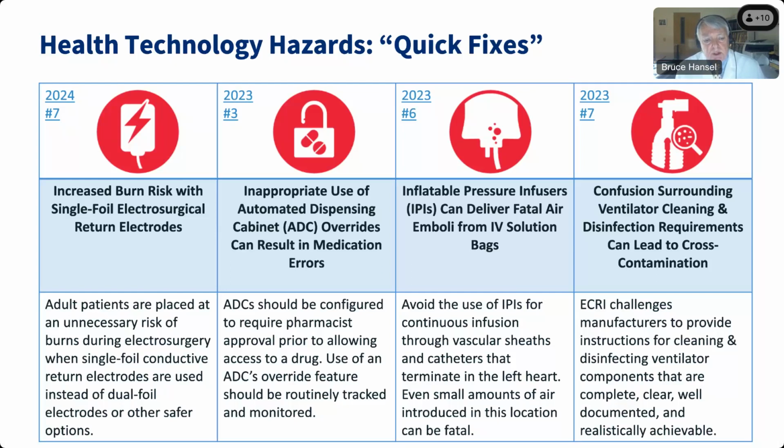Another one is properly configuring overrides for pharmaceutical dispensing cabinets. You see a great deal of overrides charted that in some cases really aren't necessary and need better control. The next one is inflatable pressure infusers. That's a pet peeve of mine.